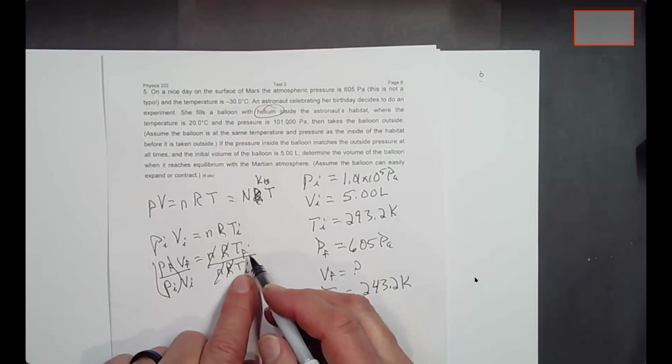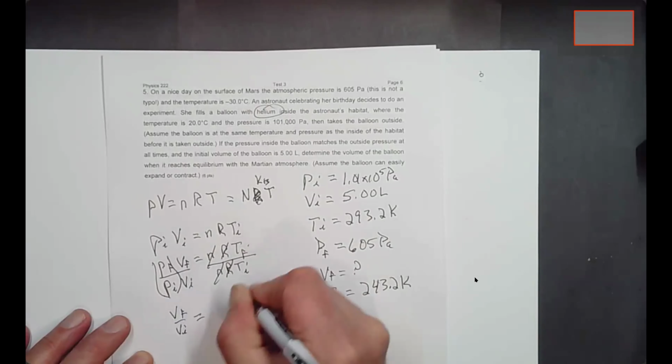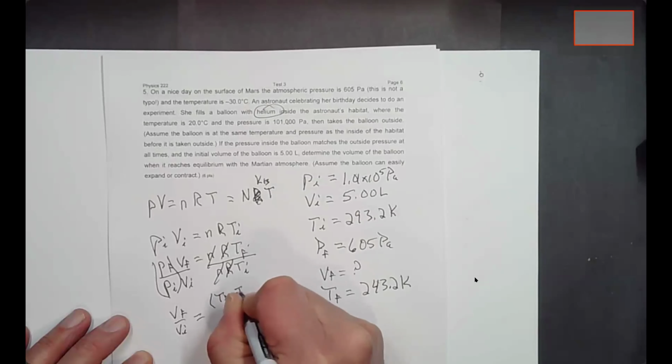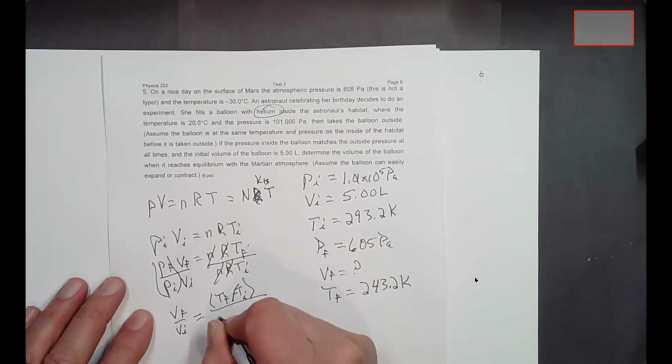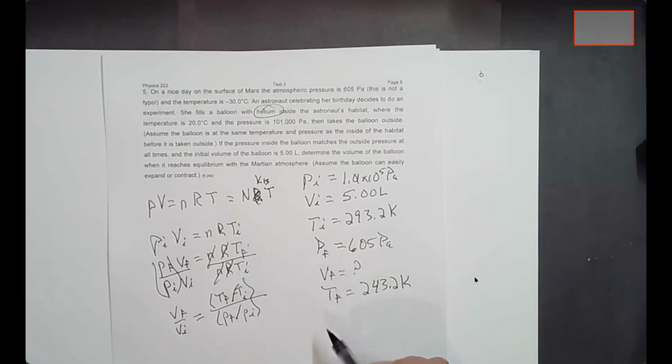So V final over V initial equals T final over T initial, divided by P final over P initial. Then I can multiply out by the V initial.